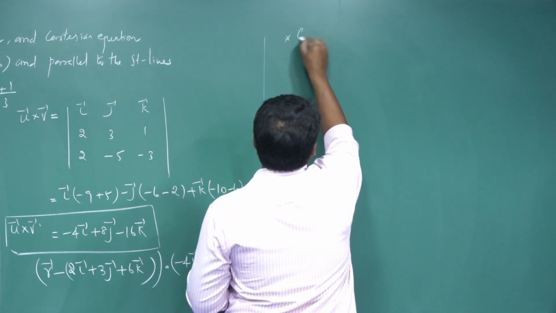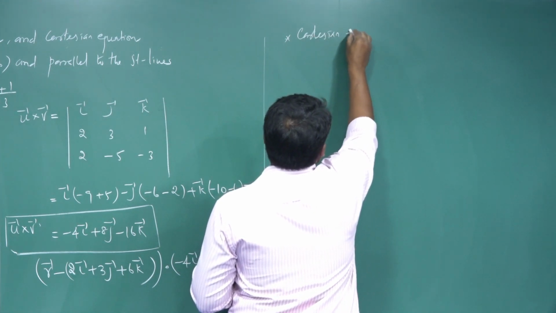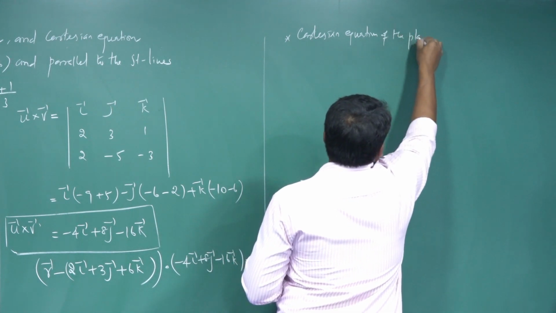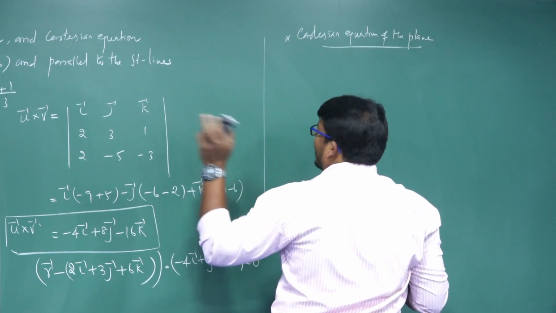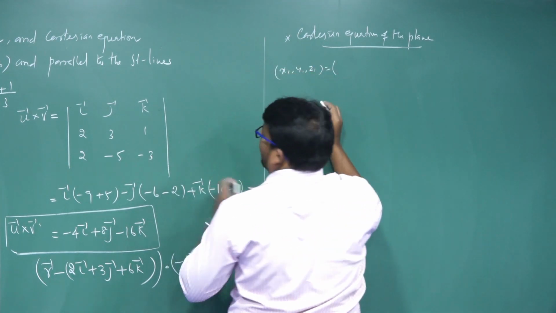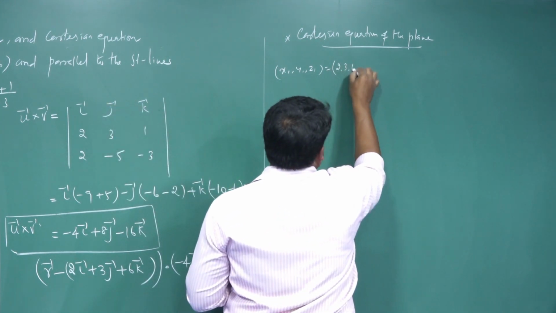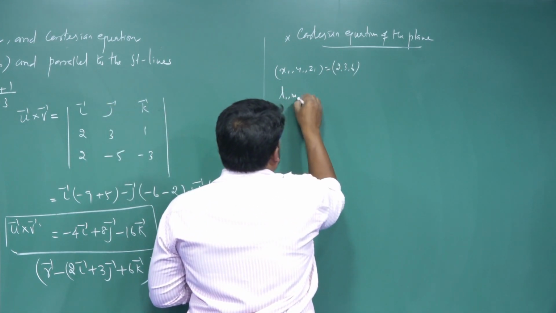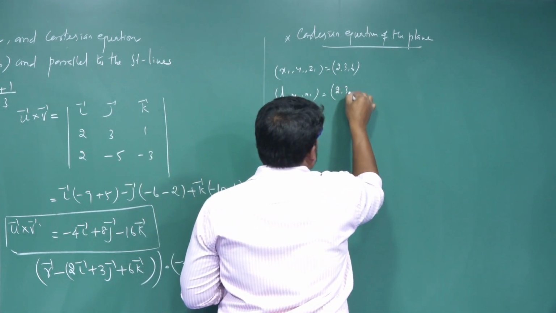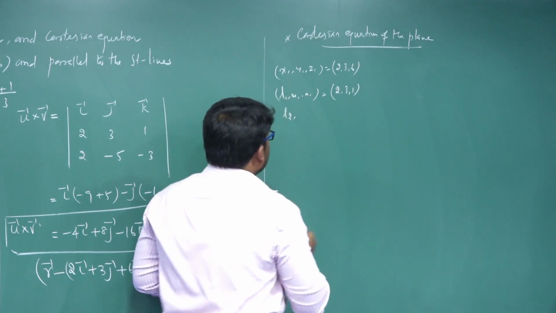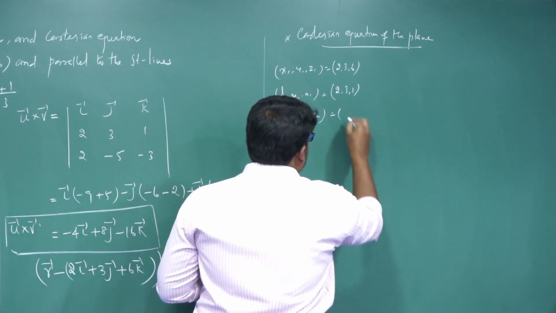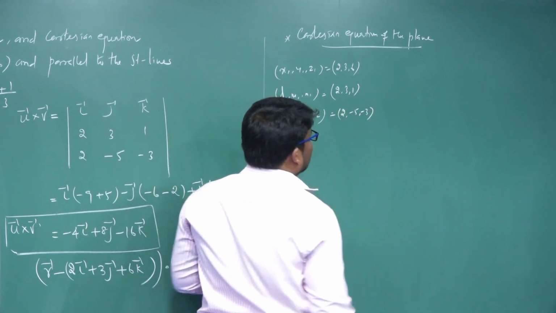Cartesian equation of the plane. So, Cartesian form. Given 1 point and 2 parallel vectors, let x1, y1, z1 be the point. The point is 2, 3, 6, and l1, m1, n1 equal 2, 3, 1, and l2, m2, n2 equal 2, minus 5, minus 3.